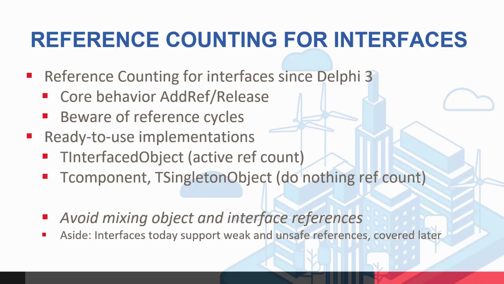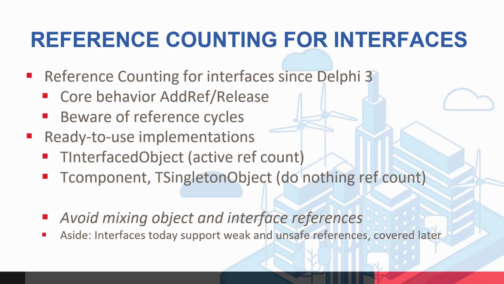So again, there is a lot done behind the scenes. On one side, it adds to the runtime cost. On the other side, it reduces your burden. The problem with reference counting, and we'll see the same happens with ARC for objects, is cycles. When there are reference cycles, then the objects are not going to be automatically freed because the cycles will keep the objects alive in terms of reference count.